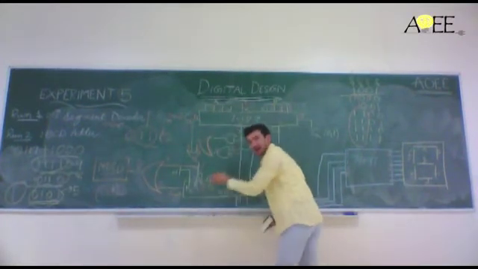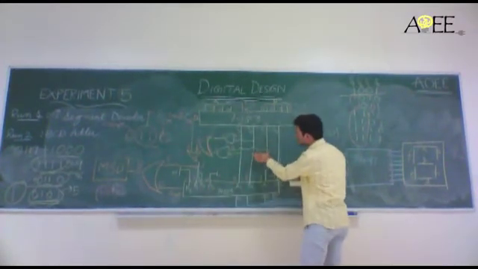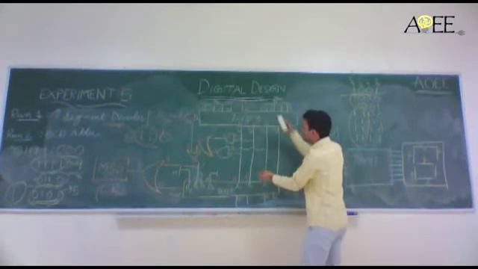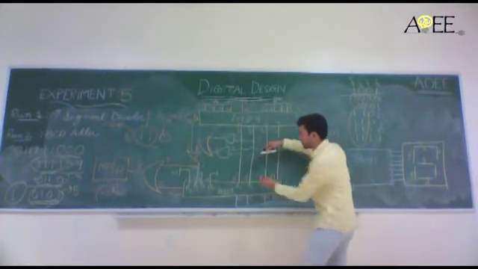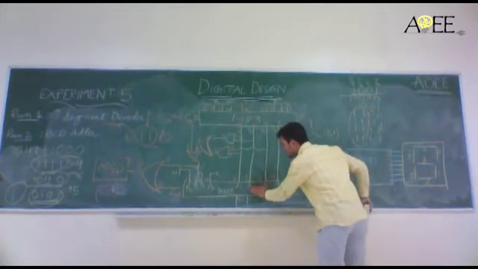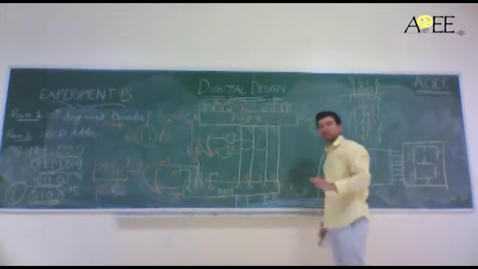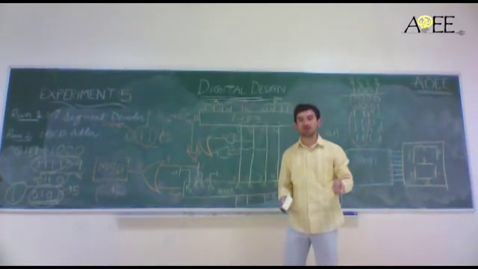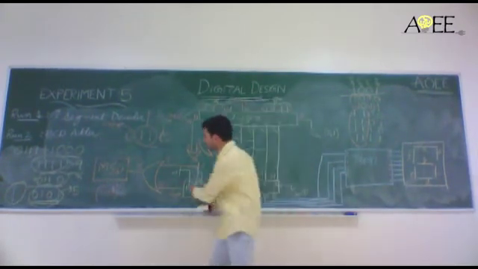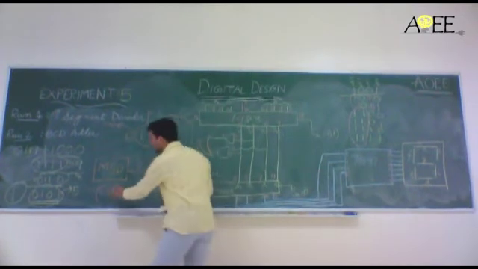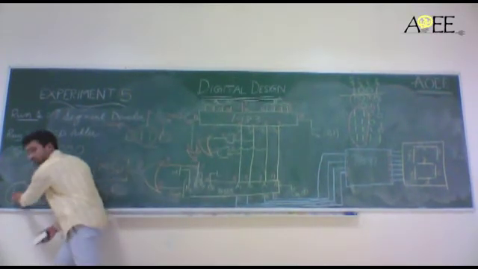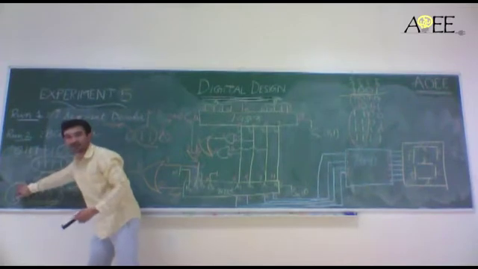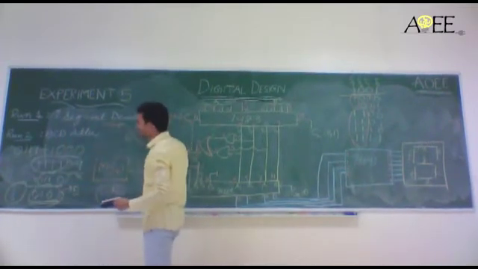Now once 6 is added to whatever comes out from the initial sum, this final addition gives me an output. That output can either have a carry or not have a carry. If it has a carry, this will come as the MSB, the most significant digit, to denote that it was 15.